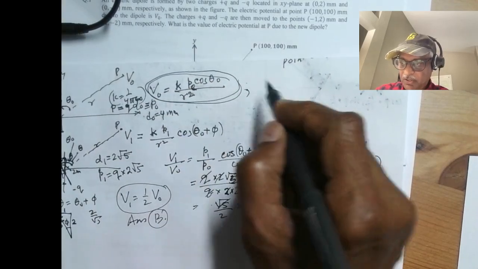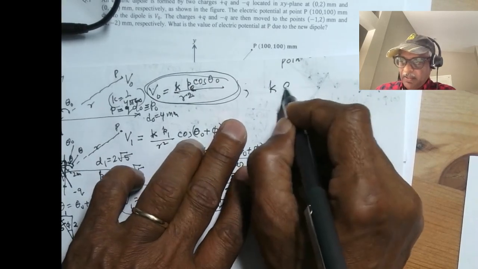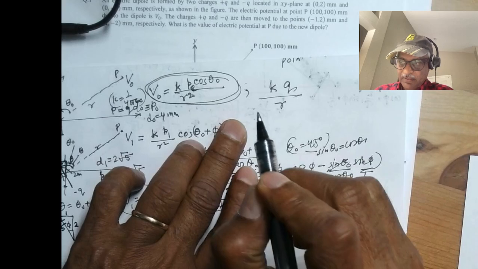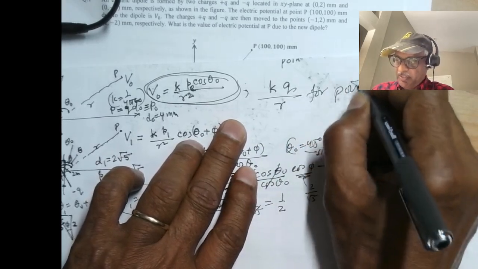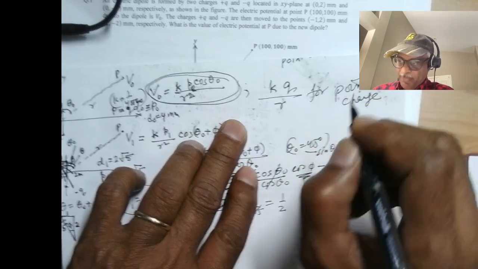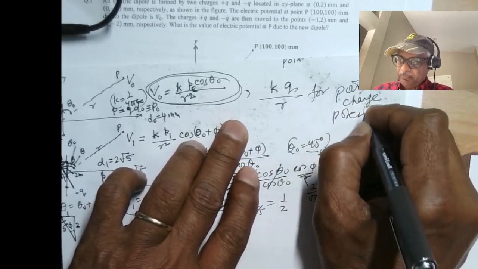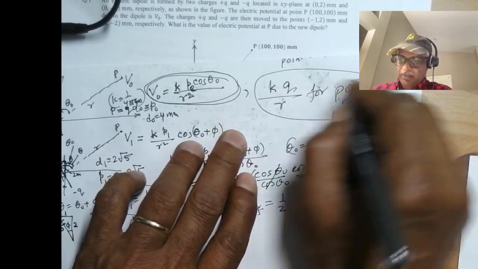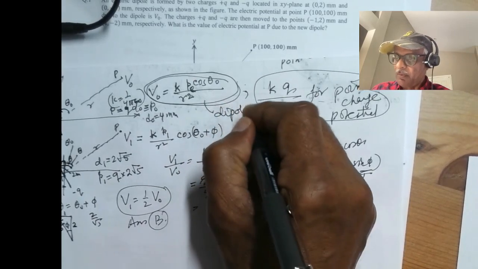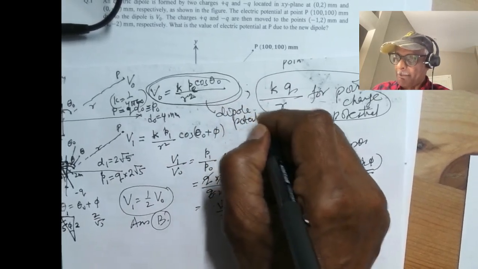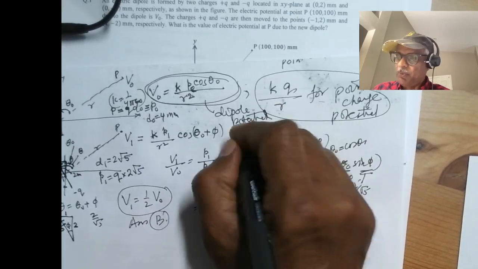This formula, along with k Q over R for point charge potential, this is to be memorized. This is the dipole potential. Memorize it before you come to the test.